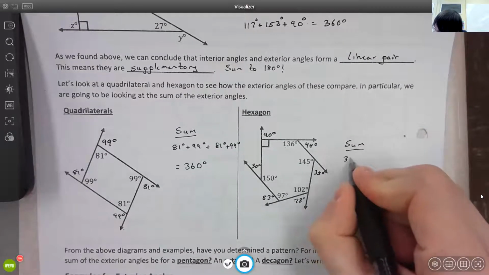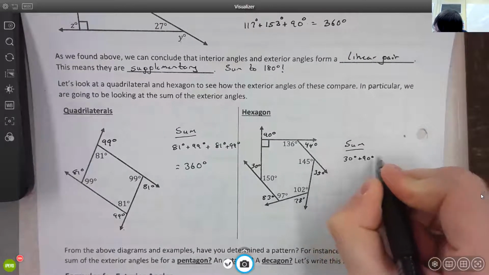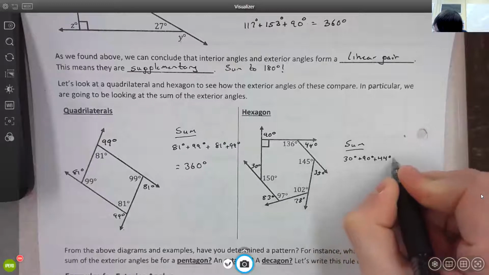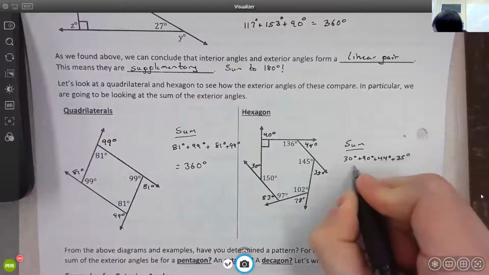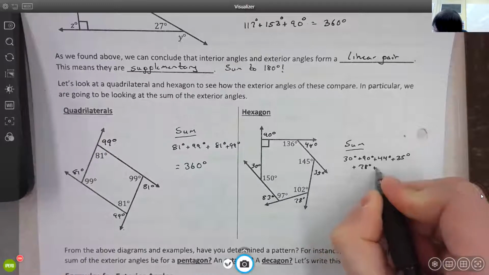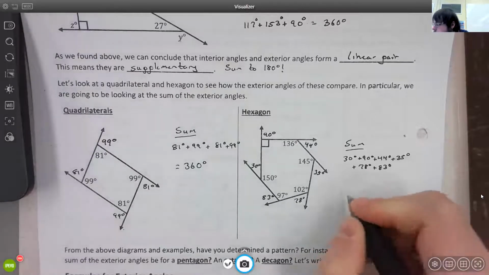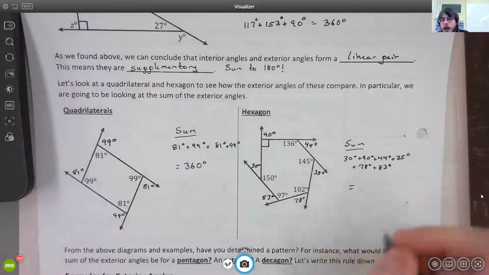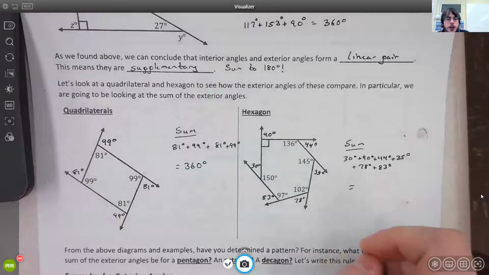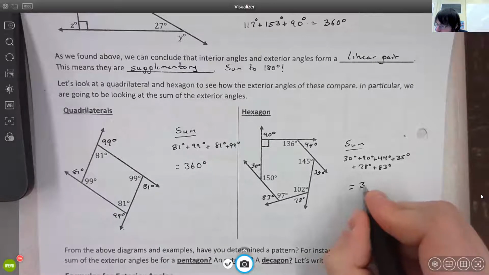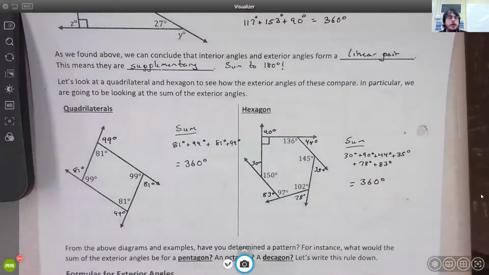So we take 30 plus 90 plus 44 plus 35 plus 78 plus 83. And if you type all that into the calculator, you'll find that the sum of your exterior angles is 360 degrees.